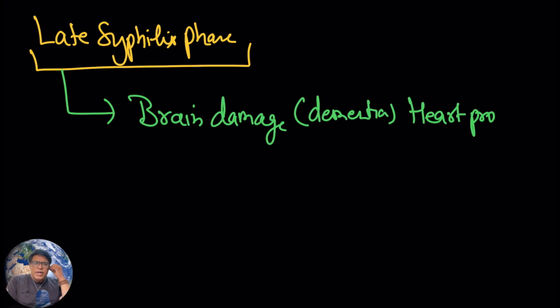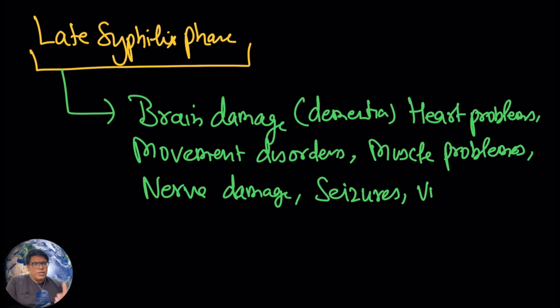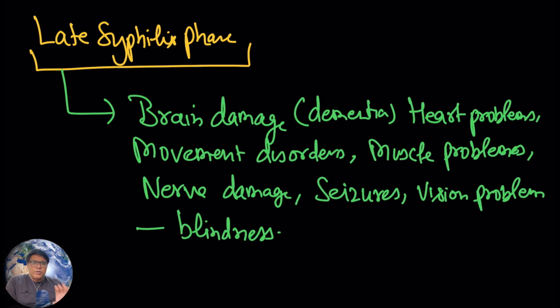Here keep in mind, in the late syphilis phase, the patients are going to have some severe kinds of symptoms like brain damage, dementia, heart problems, movement disorders, muscle problems, nerve damage, seizures, vision problems, blindness.